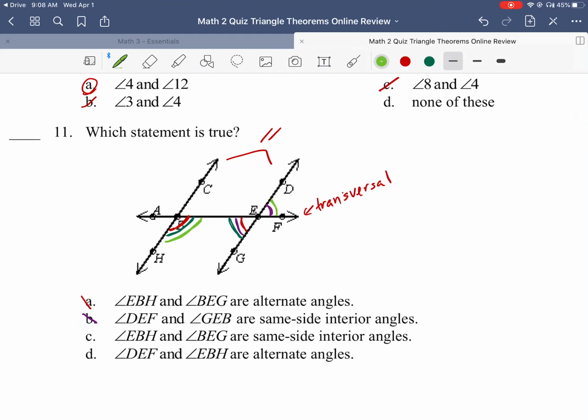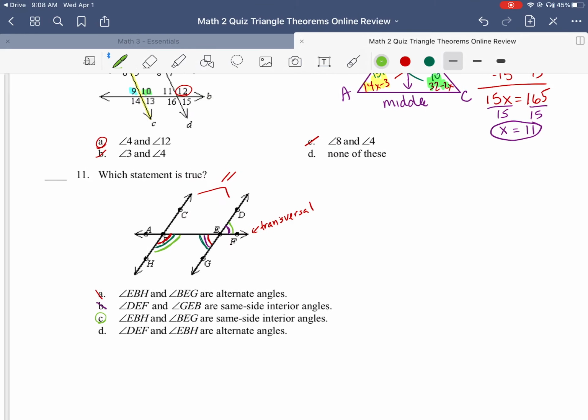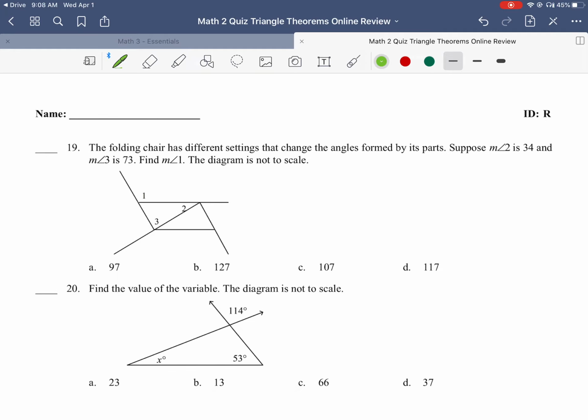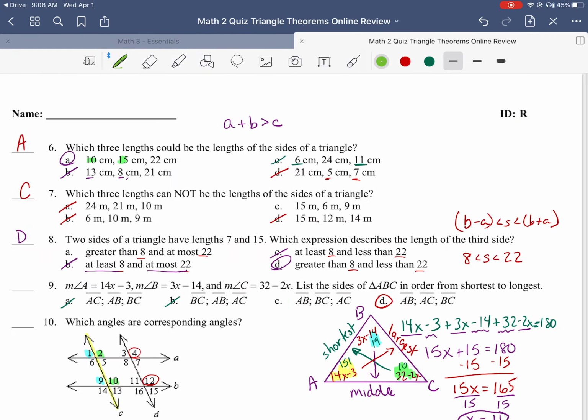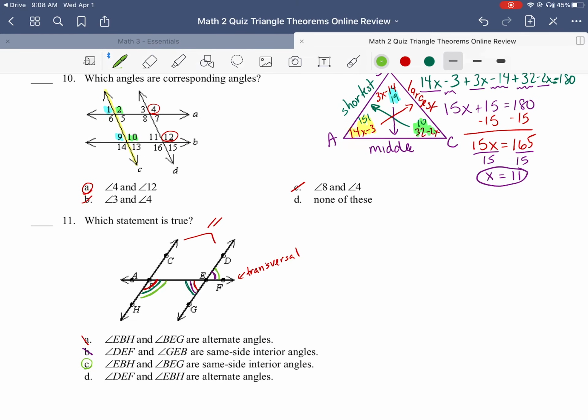So when I say alternate angles, they're talking about alternate interior. So this one I'm going to say is the same side interior angles. Okay, let's see what they put for the answer choice, just to make sure. Yeah, okay. So when they're talking about alternate angles, they're talking about alternate interior. That one's a little vague.